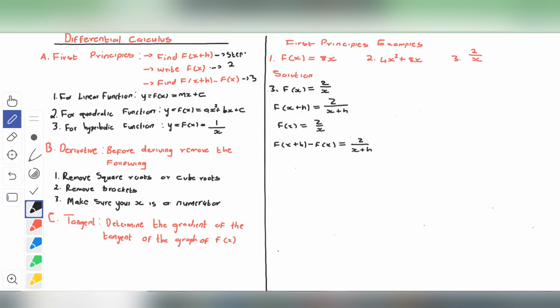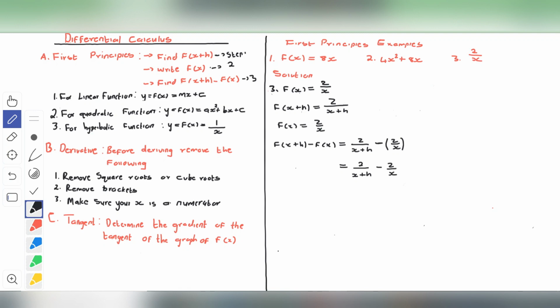After writing negative, we open a bracket and then write our f of x, which is 2 all over x. Then we're going to have 2 all over x plus h minus 2 all over x, right?